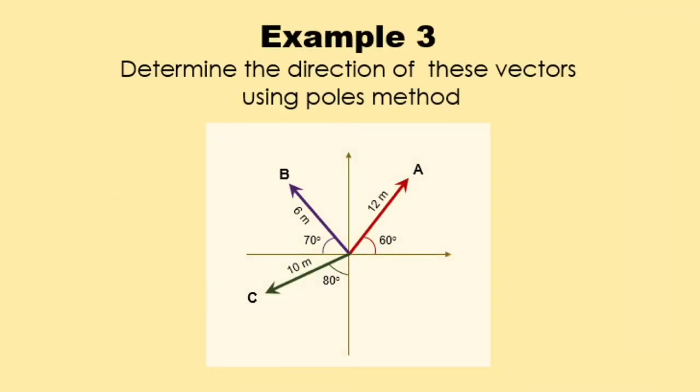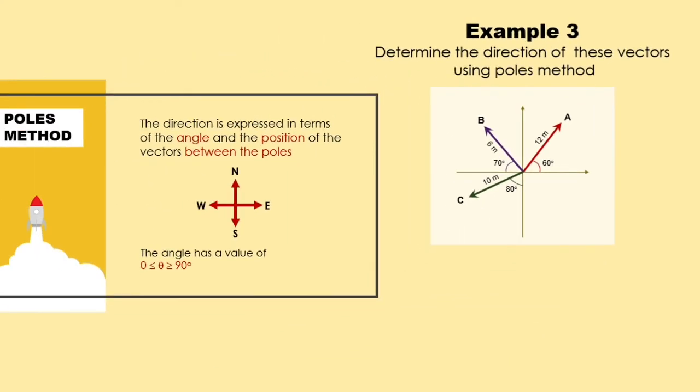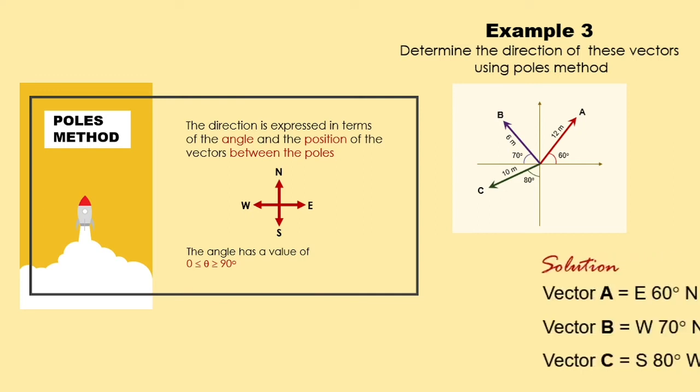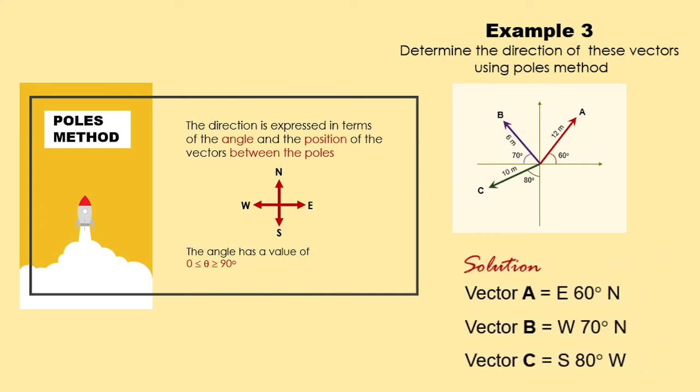For example 3, try to follow the rules and therefore we get vector A equal 60 degrees north of east, B equals 70 degrees north of west, and vector C equals 80 degrees west of south.